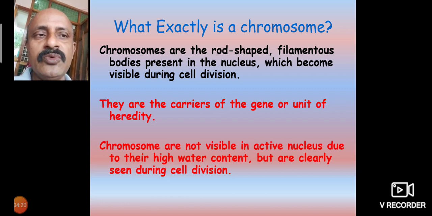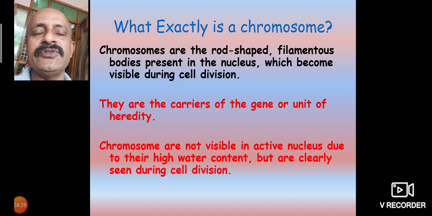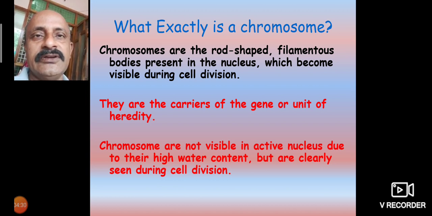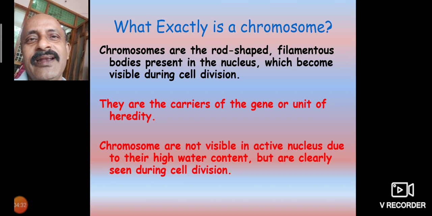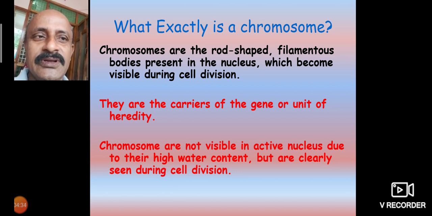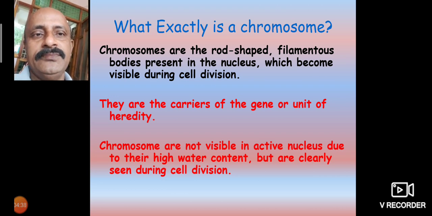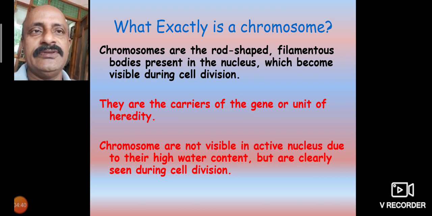Chromosomes are not visible in the active nucleus due to their high water content, but are clearly seen during the cell division. So the nucleoplasm contains high water content, and the chromosomes cannot be seen under the electron microscope, but can be seen only during the cell division stages.